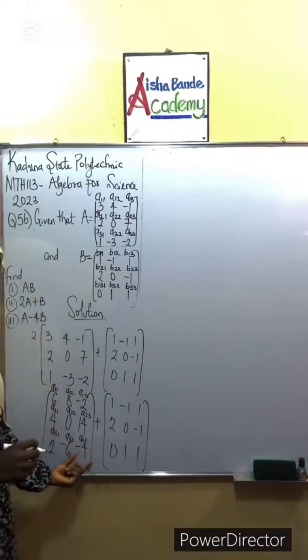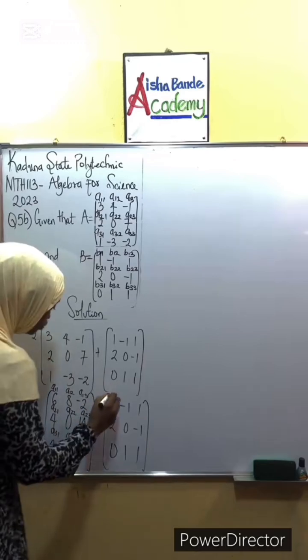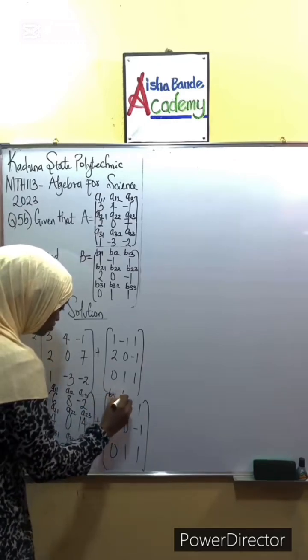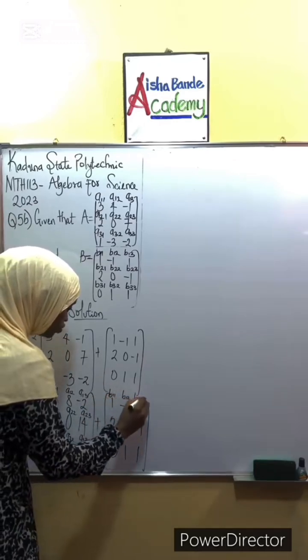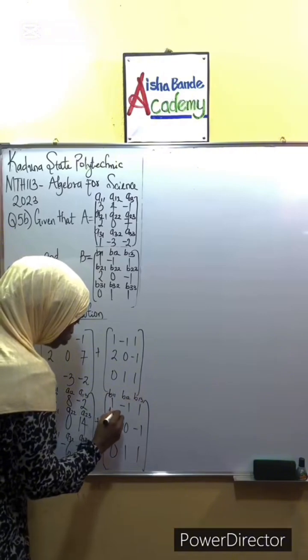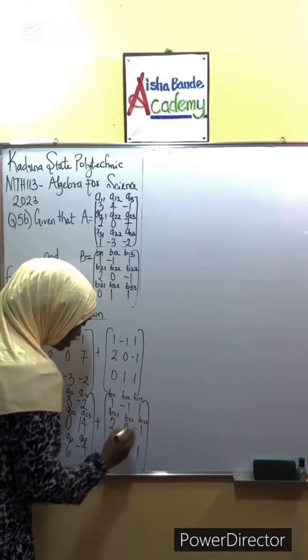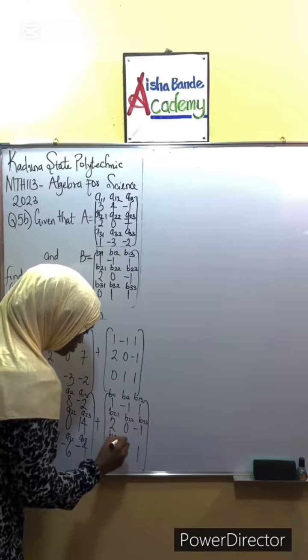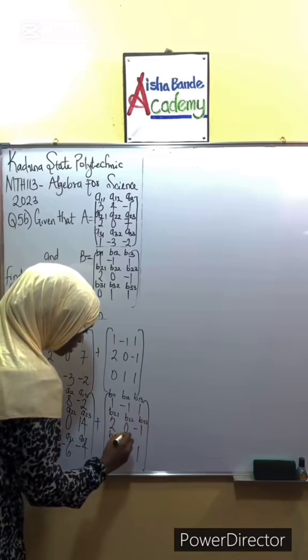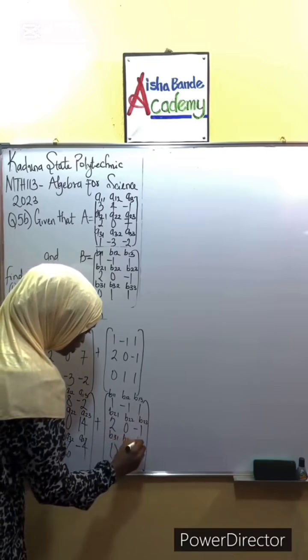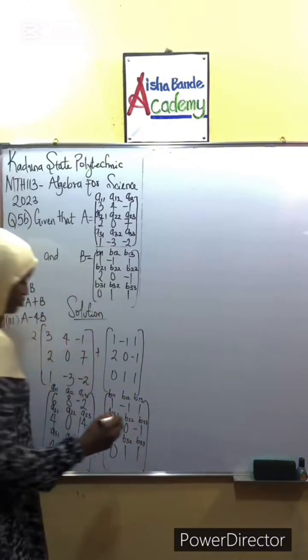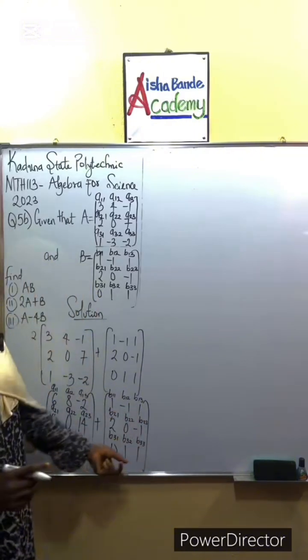This is the new matrix for A. Now, moving on to B: B11, B12, B13, then B21, B22, B23, then B31, B32, B33. From here we can easily solve this.